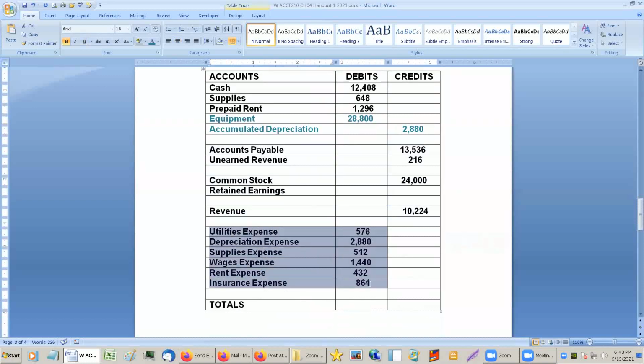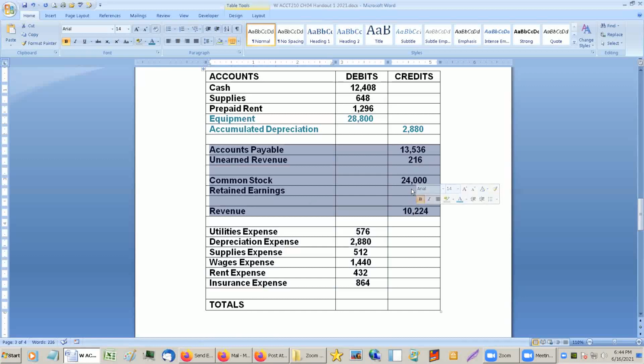I must have miscounted. I got 16. Oh, no, you know what? Oh, I know why. Retained earnings. So retained earnings is actually 0.